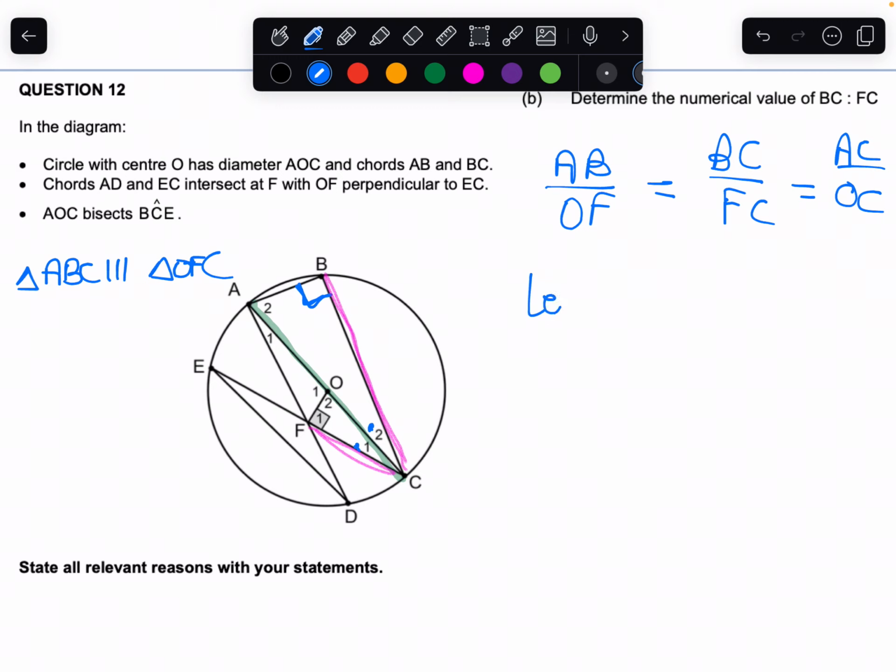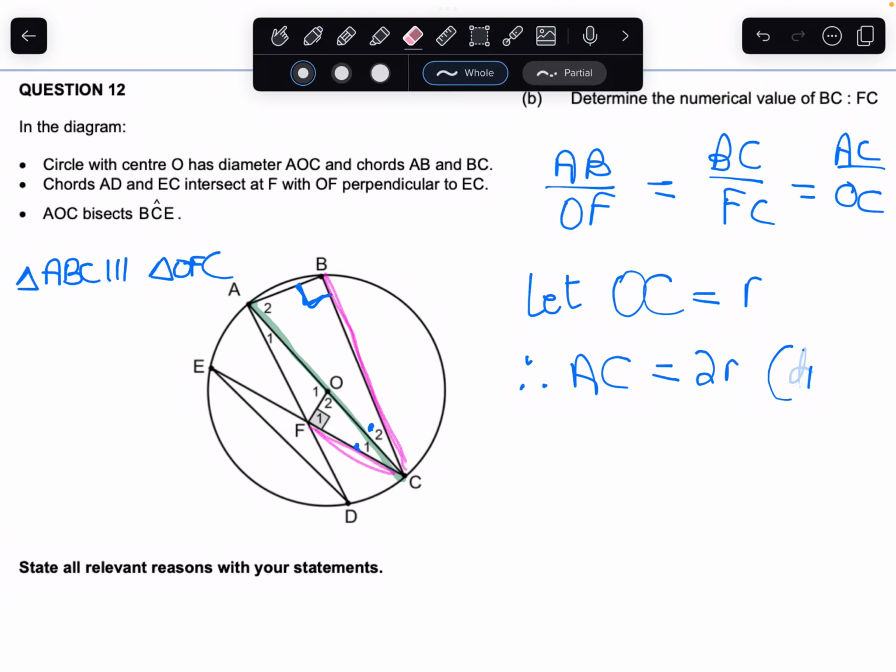So let's say OC equals R, because it's a radius, so it's R units long. Then we know that AC will be 2R because it is a diameter. So let's say diameter equals 2 radii.